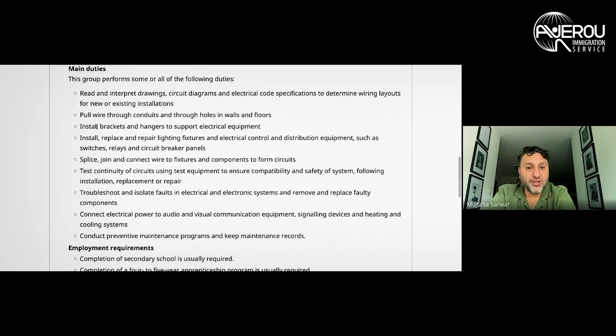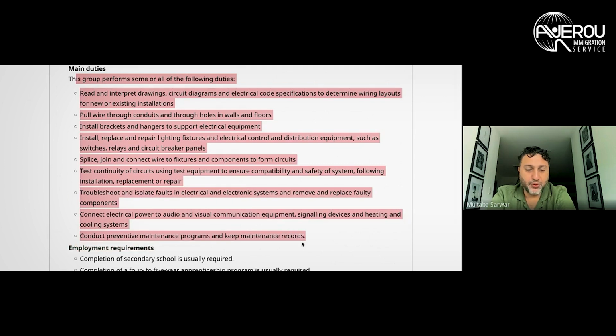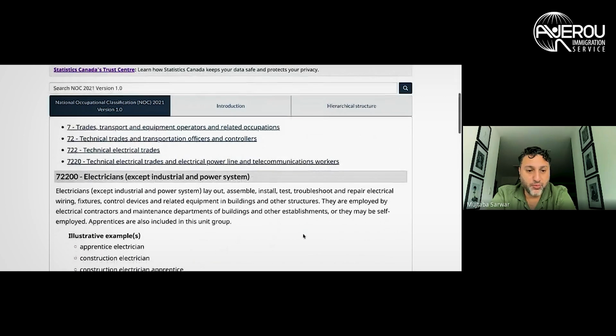We reviewed these main duties. We also read this. This is very important, right? Electricians lay out, assemble, install, troubleshoot, repair electrical wiring and fixtures in buildings and other structures. They are employed by electrical contractors and maintenance departments of buildings and other establishments, or they may be self-employed.